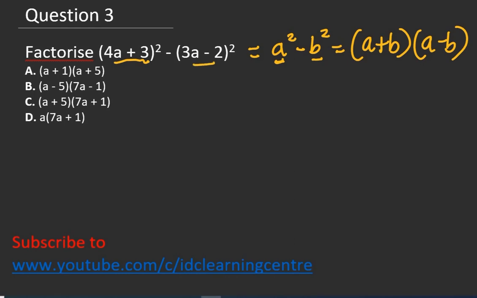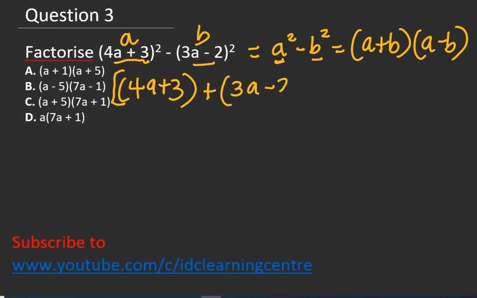That being the case, we are going to pick one here. It will give me 4a plus 3. Remember I said let this be a, let this be b, right? So plus the b, which is 3a minus 2.